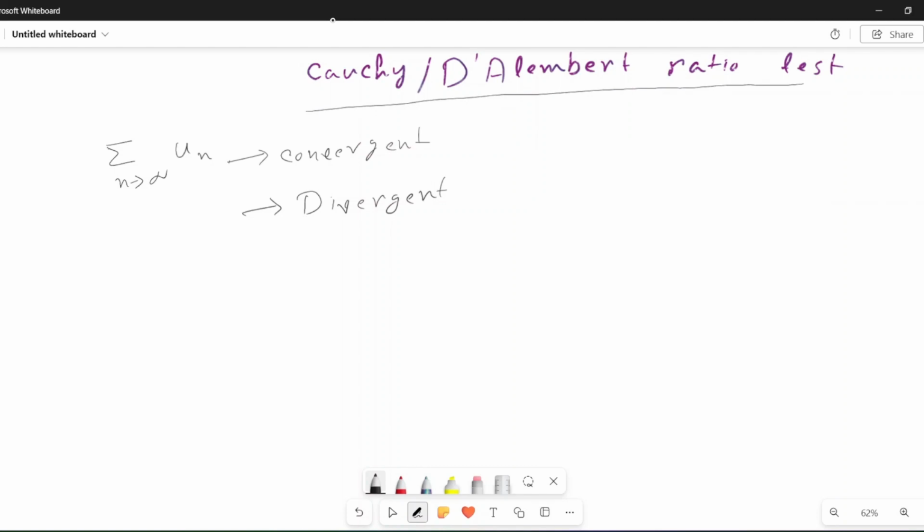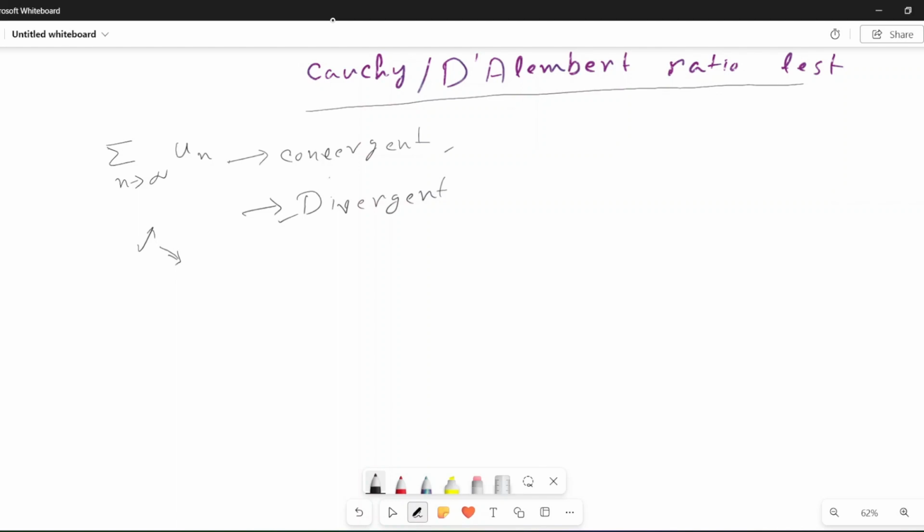In this test, we basically measure the rate of growth or decline of a series. If we find that the series is growing, then we call it divergent, and if it is declining, then we call the series convergent.